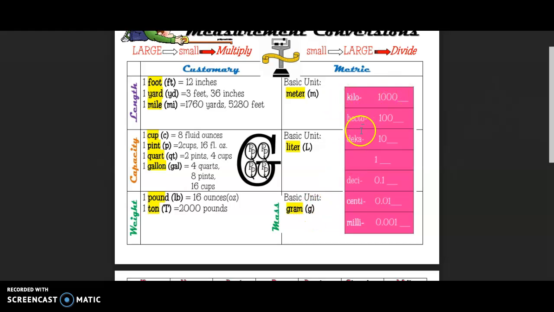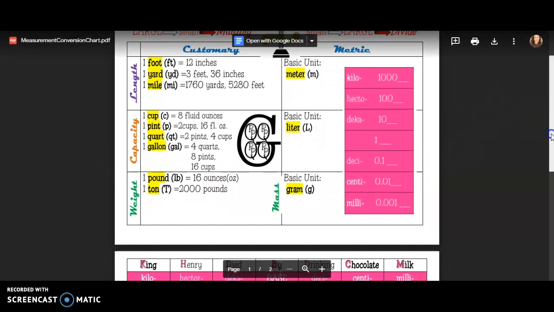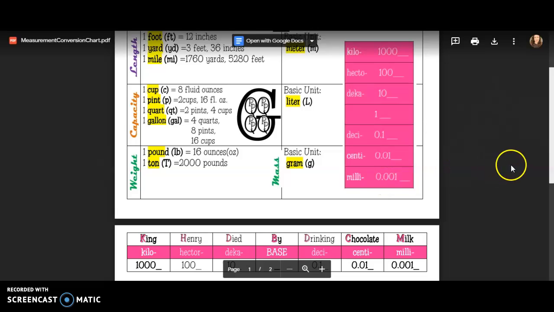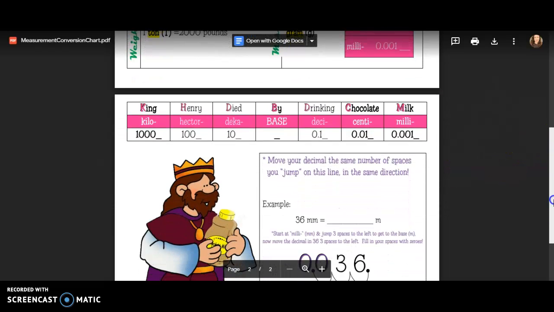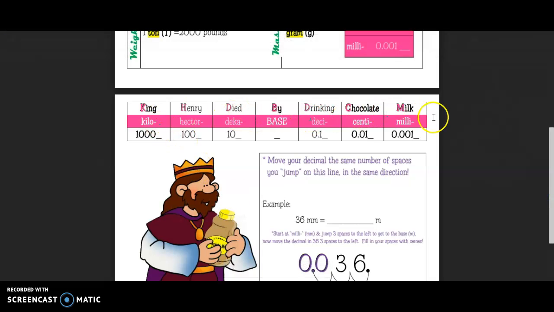Kilo is 1,000, hecto is 100, deca is 10, and we have 1, which is the base, deci is 0.1 or 1/10th, centi is 0.01 or 100th, milli is 1,000th. Then down here it says, King Henry died by drinking chocolate milk.